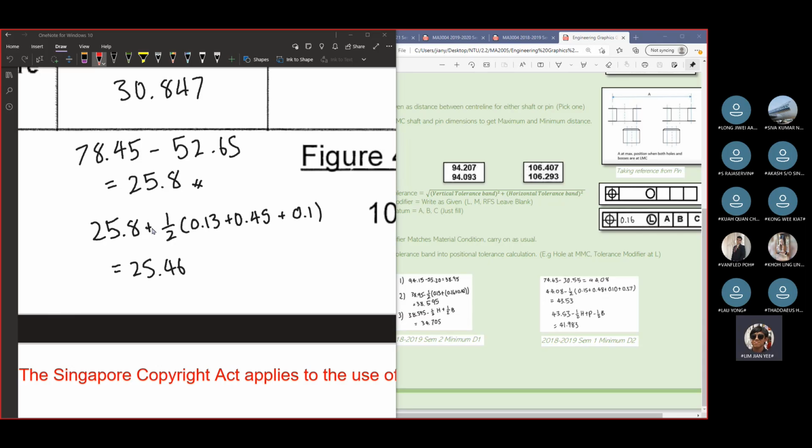If you do a plus, you get 26.14. Then you punch it in here again, then you'll get an answer.